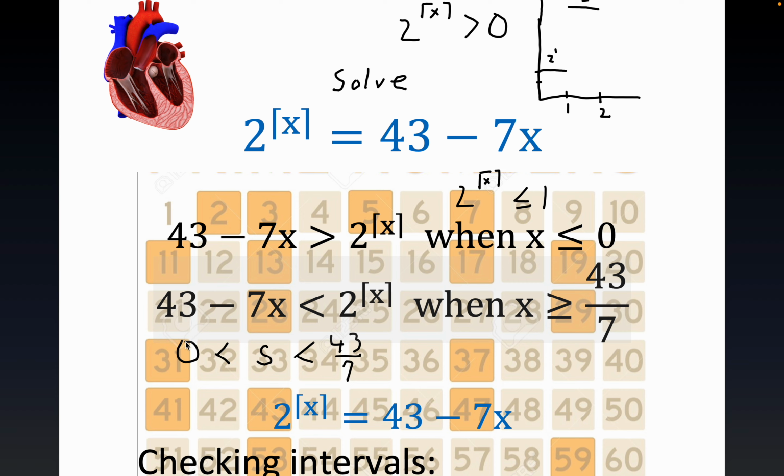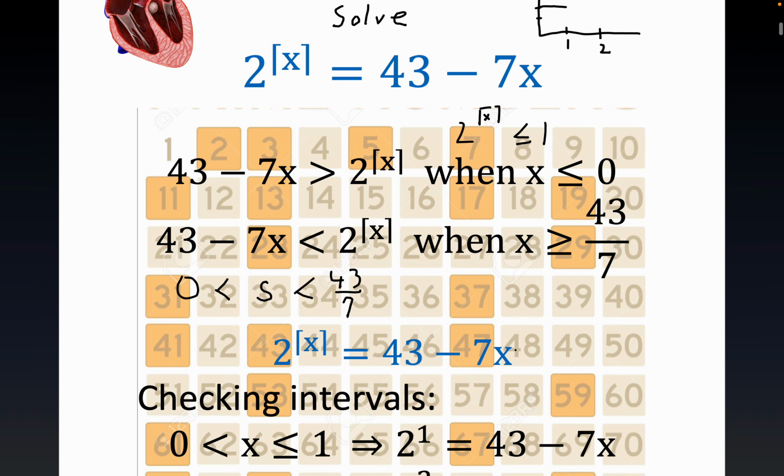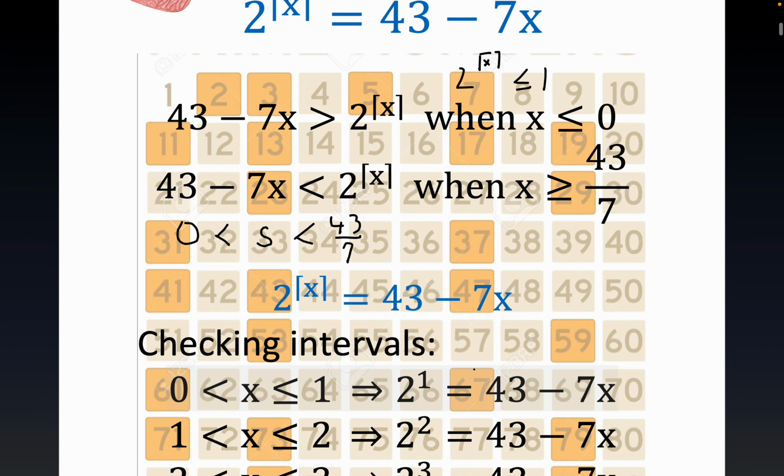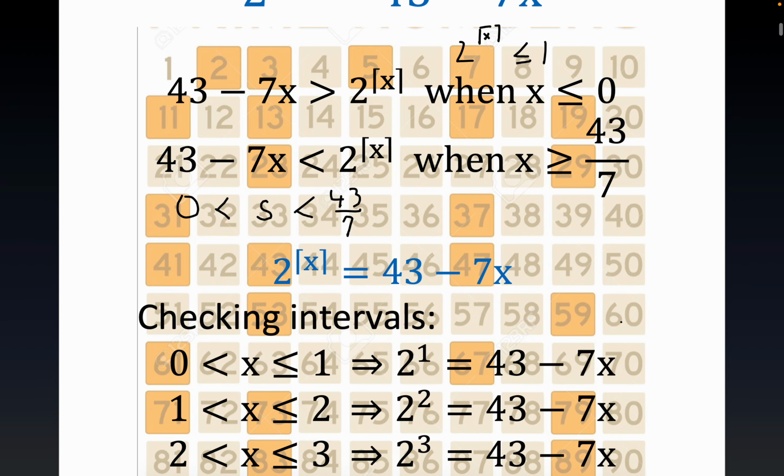And what I'm trying to convey here is any solution to this equation, I'm calling it S, this is our search interval, and that's what is implied by these two statements, okay? So we've cut down our search by quite a bit here, actually. So this is a number a little bit more than 6. So this motivates the following process here. We're just going to check all these intervals all the way out to about here, and just see what happens.